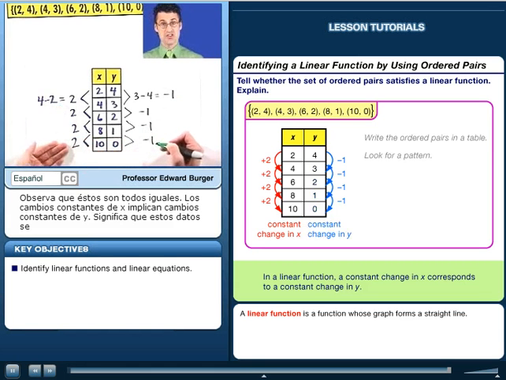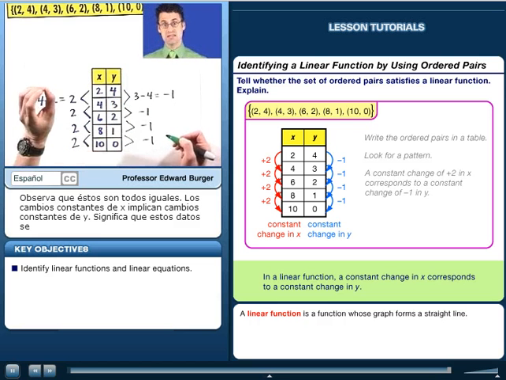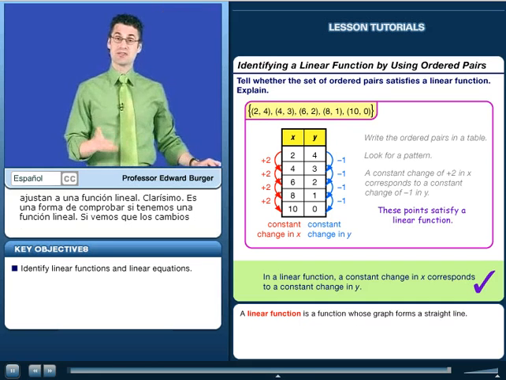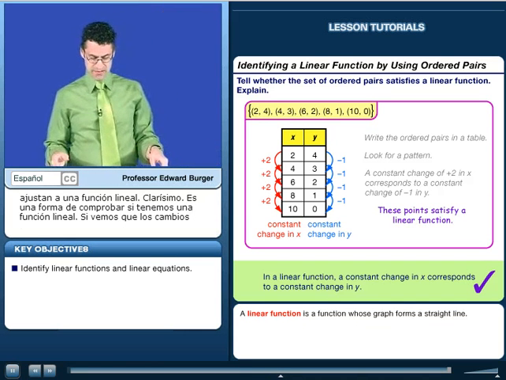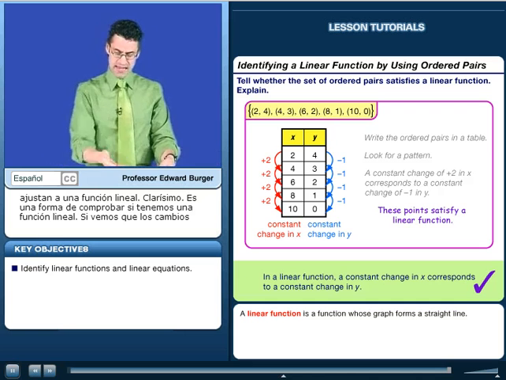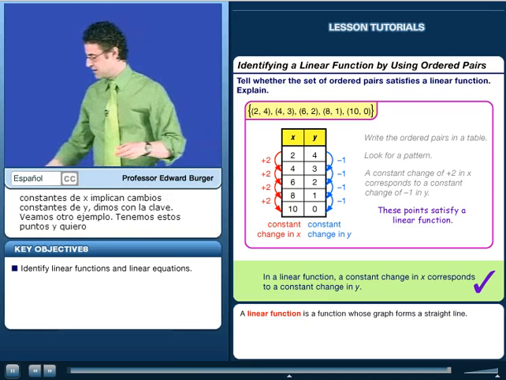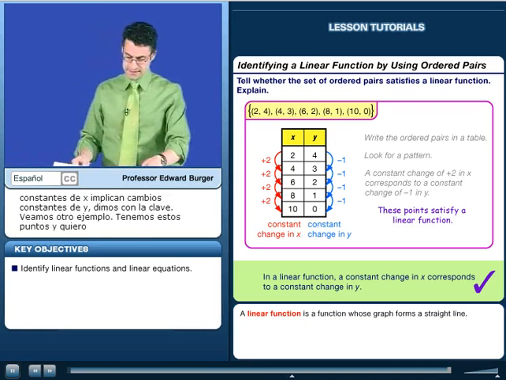So constant changes in x imply constant changes in y. That means that, in fact, this data does conform to a linear function. Neat. So that's one way of testing and seeing if we have something that's conforming to a linear function. If we have constant changes in x, that implies constant changes in y's. That means that we are in Fat City, as they say.